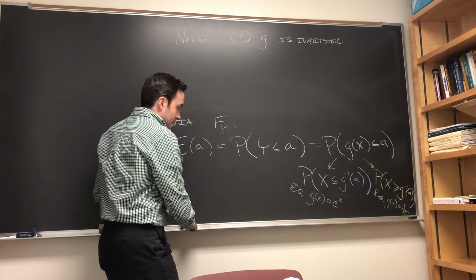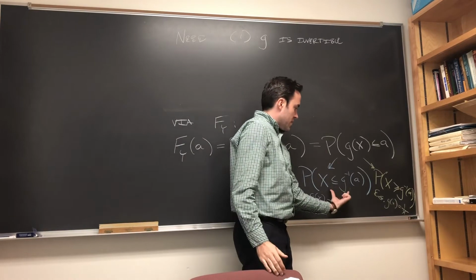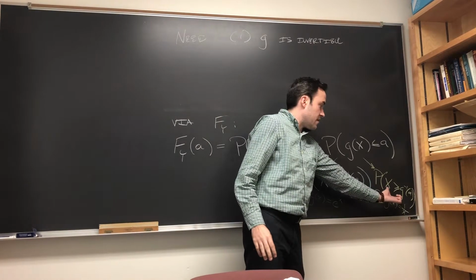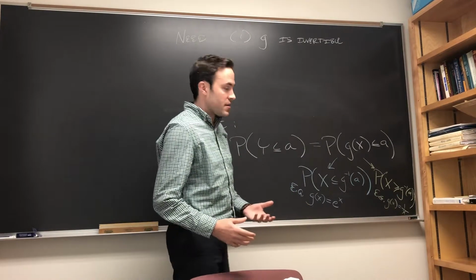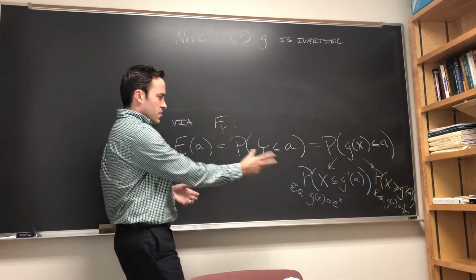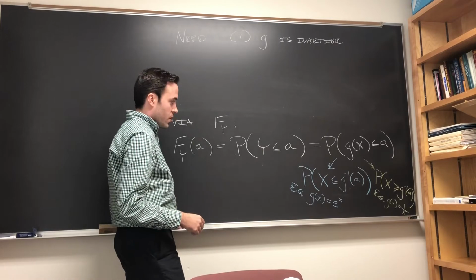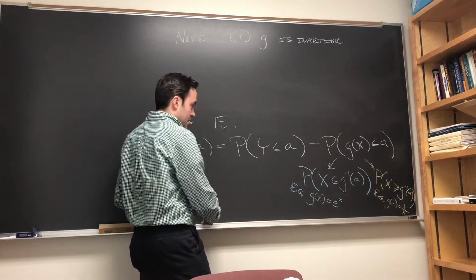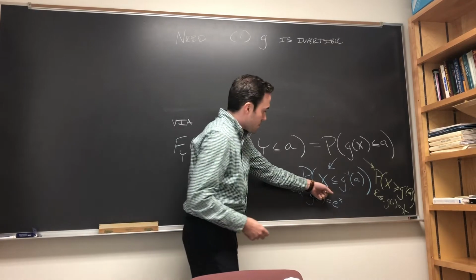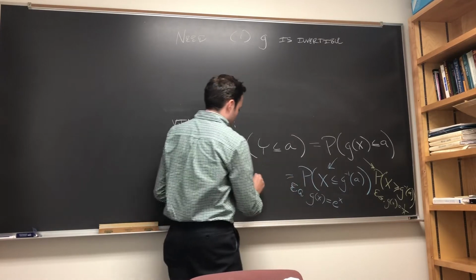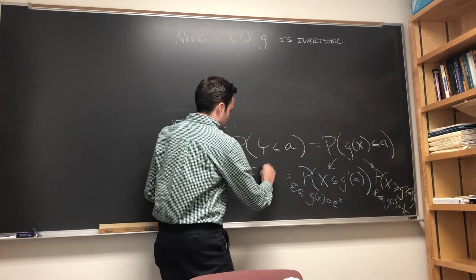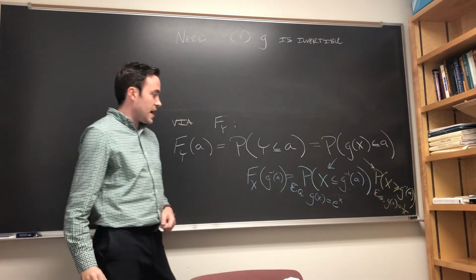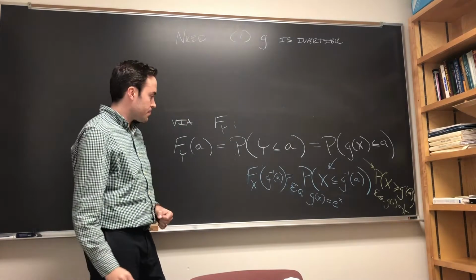Now, if g is invertible, then we can say this blue statement in the case where g is increasing, or we can say this yellow statement in the case where g is decreasing. We saw two slightly different flavors for what happens here. This blue statement is really a statement about the CDF of X, the CDF of X evaluated at g inverse of a.